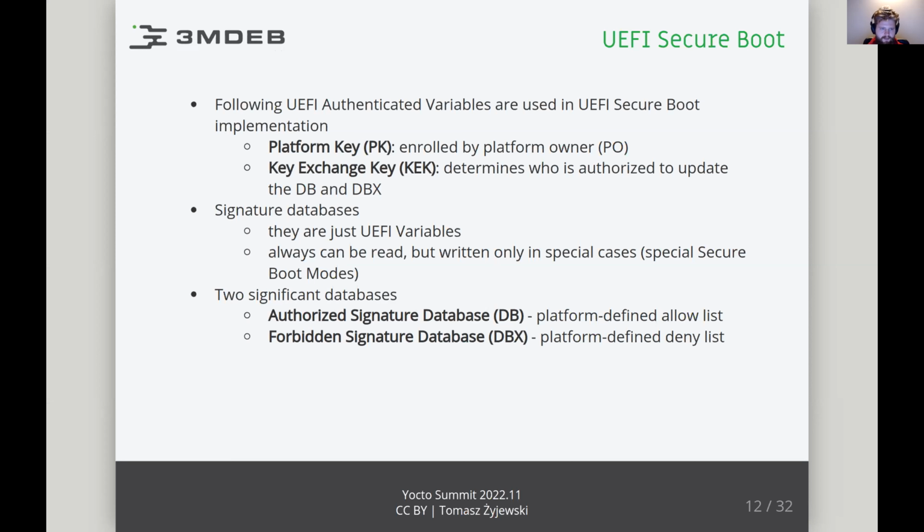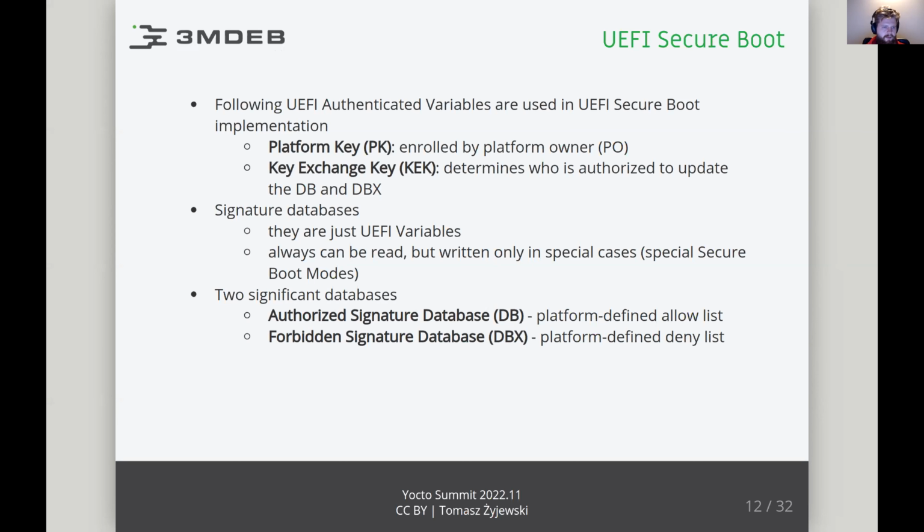Then we have the key exchange key, which determines who is authorized to update the DB and DBX. Its public key is also stored in the NVRAM, and the private key can be used by the operating system or a third-party application to communicate with firmware in a trusted manner. So the key exchange key establishes a trust relationship between the operating system and the platform firmware.